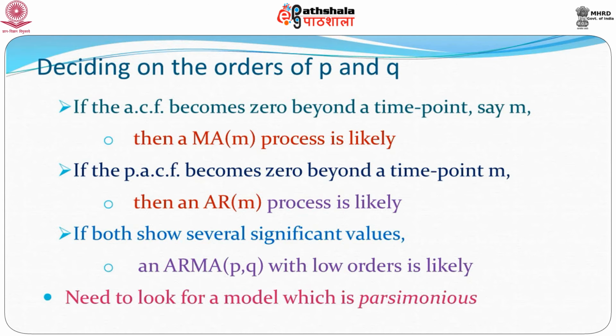So, that is how we select between models. There will be several candidates and we will choose the one which has the smallest number of parameters, because that would give us efficient estimates, and if you have efficient estimates, the forecasting would be better in the sense of less prediction errors in the forecast.